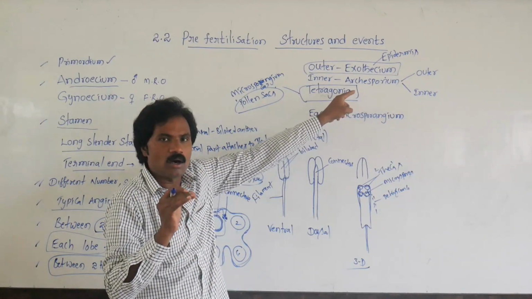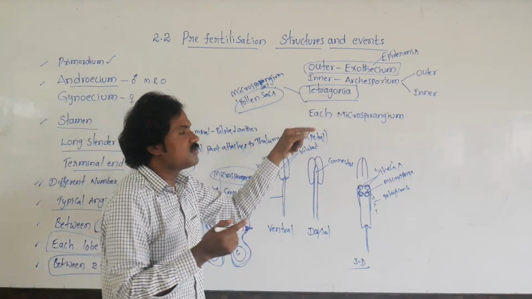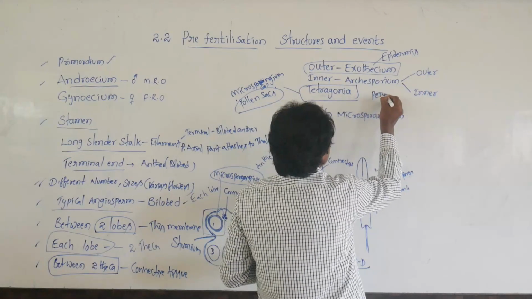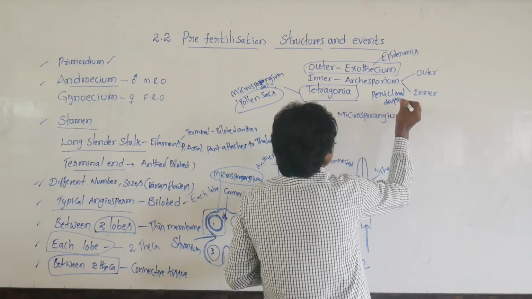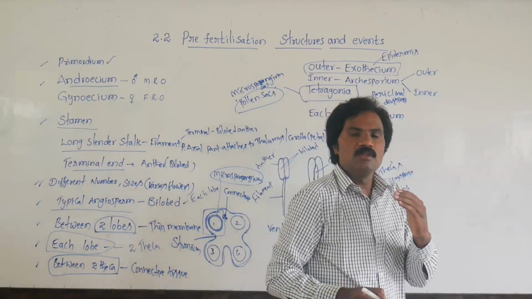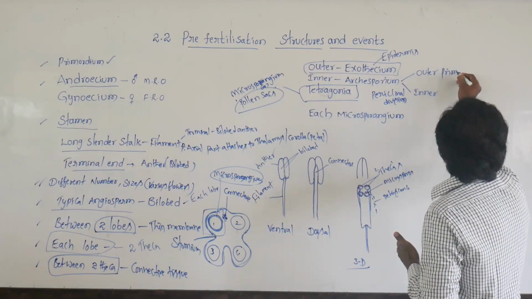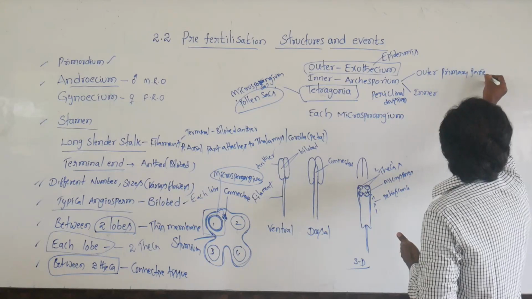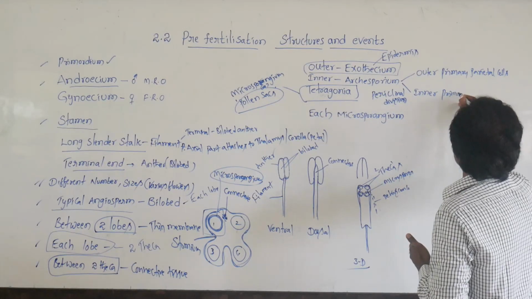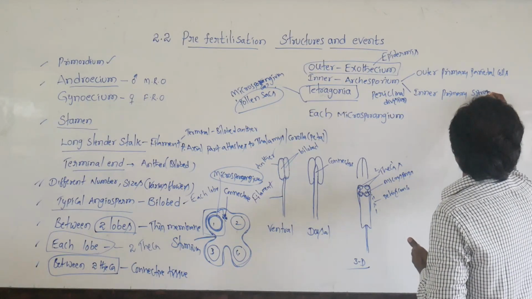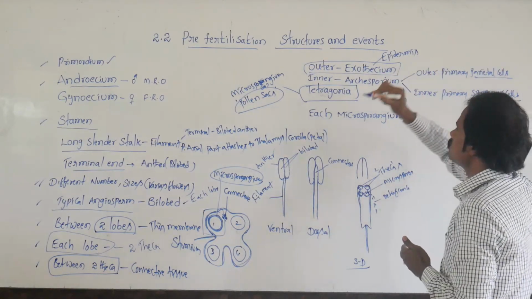Due to periclinal cell division, this archesporium differentiates into the outer primary parietal cells, then the inner primary sporogenous cells. Parietal and sporogenous.